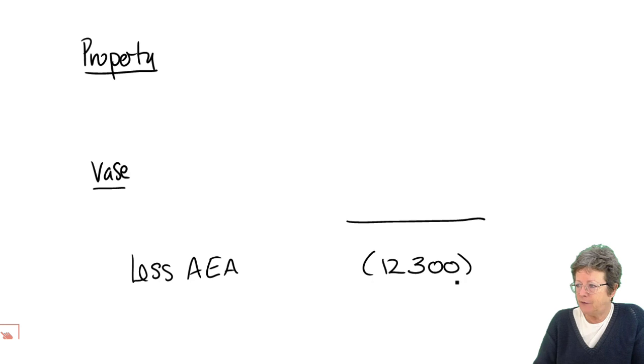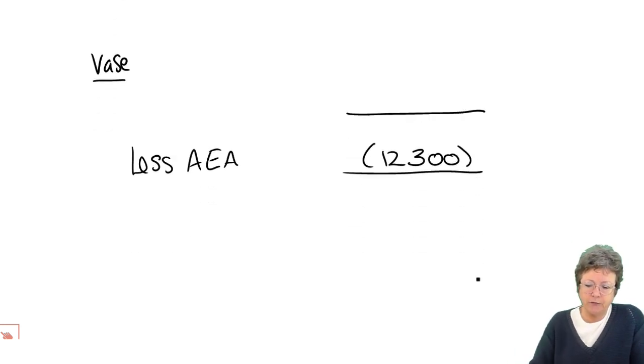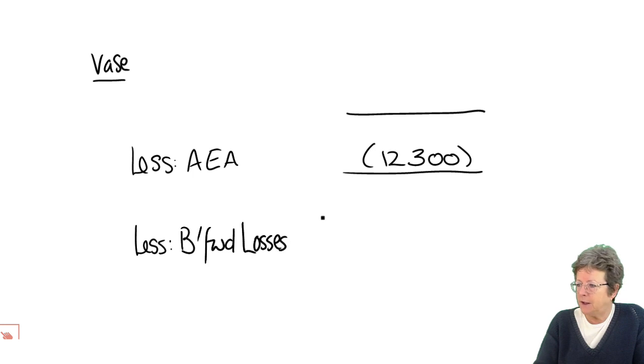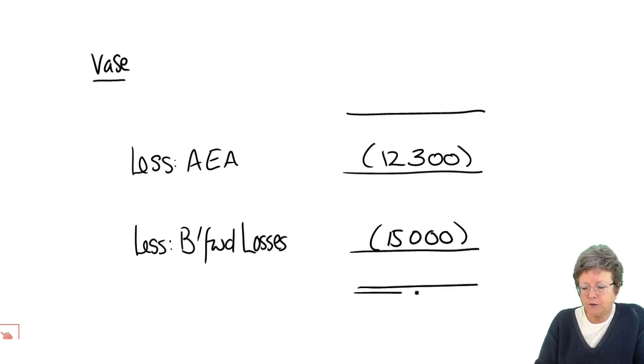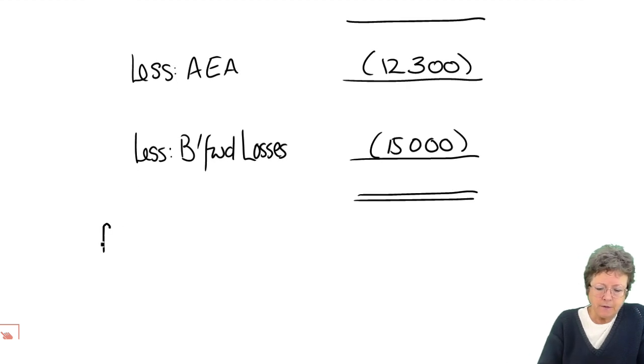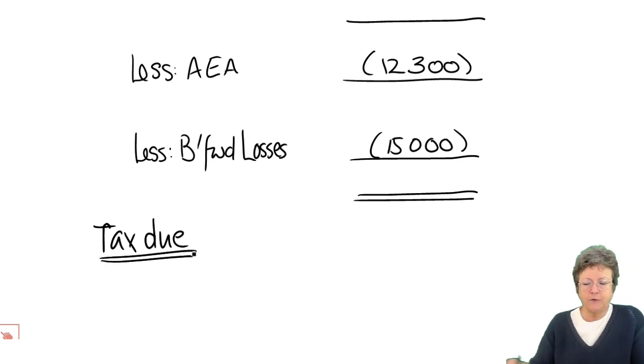And again, never guess. Leaving lots of space, lots of gaps. Do you remember we had the losses in the year and then the losses brought forward? The question said they came to 15,000. So that's going to give us our taxable gains. And then tax due, we can work that out as we get further down.